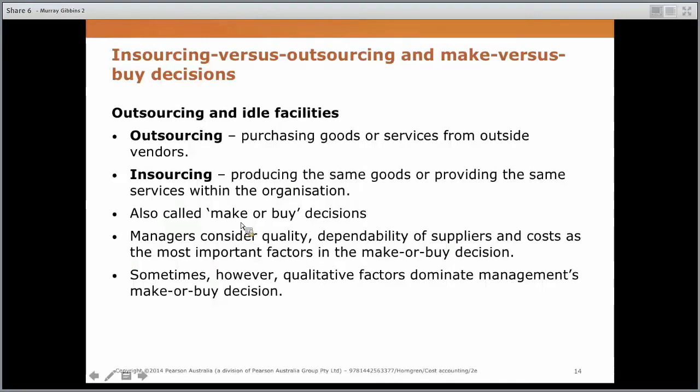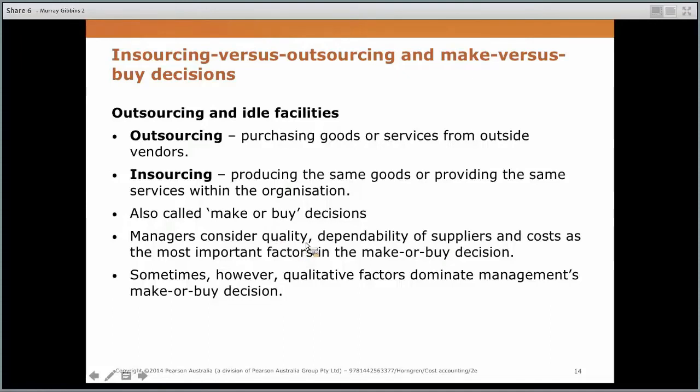One of the things we do need to consider when we're trying to weigh up, do we make the product, the component part, or do we buy it from an outside supplier? The disadvantage of buying, imagine you're currently making it, you decide to go ahead and buy it from an outside supplier. The difficulty is you've closed down a division to make that happen, to save some costs, and now you're committed to buying from the supplier.